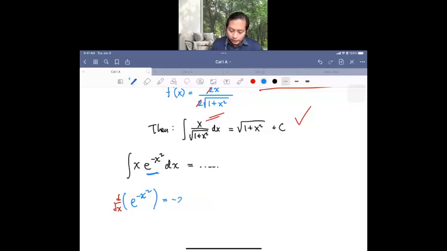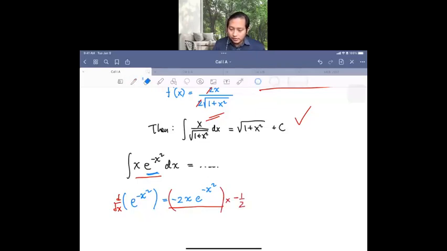The chain rule gives negative 2x e to the negative x squared. When you see this structure, it's already similar to what we have here. And how do we make it similar? We need to multiply the whole thing by negative half.